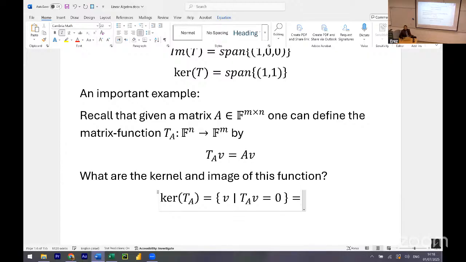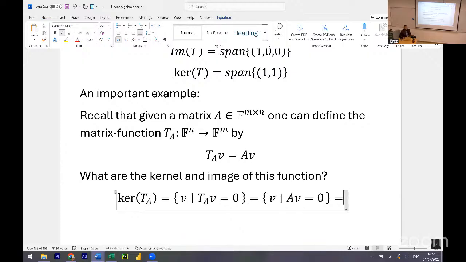But the function is simply multiplying by the matrix. So it's the set of all V such that AV is 0. And what did we call that set? The null space, exactly.